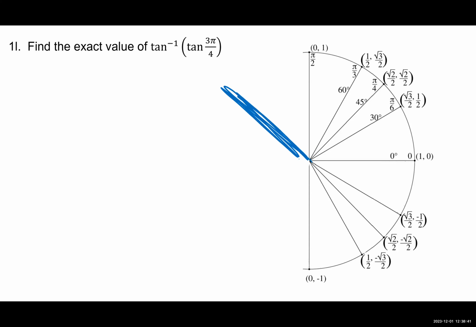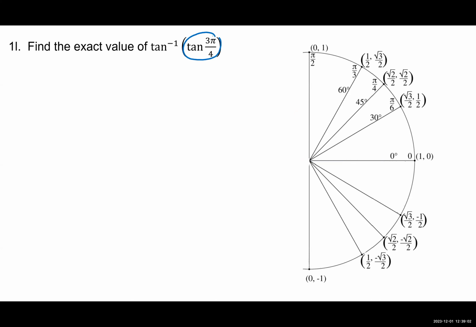It's in the wrong quadrant. It's in quadrant 2. So this would be an angle of 3 pi over 4. Can't do that, right? There is no 3 pi over 4 for the tangent inverse function.